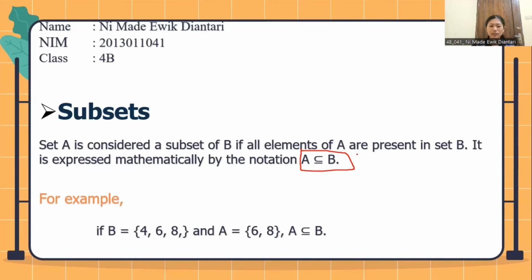For example, if set B contains the elements 4, 6, 8, and set A contains the elements 6, 8, A is a subset of B because every element in A, that means 6 and 8, is also included in B.